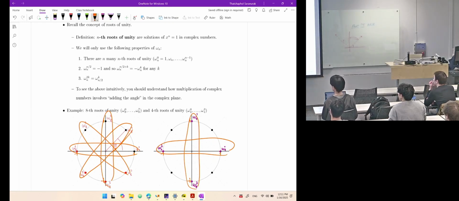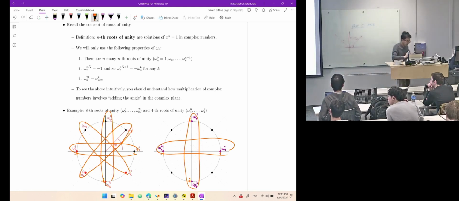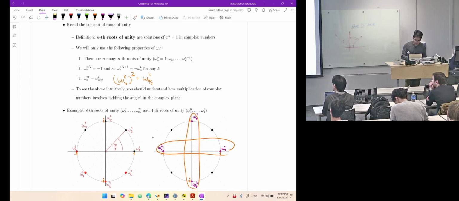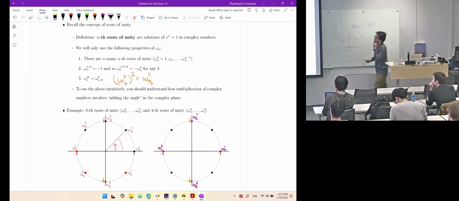The last one is that omega n to the k, squared, is exactly omega of n over 2 to the k. You can verify this with an example.